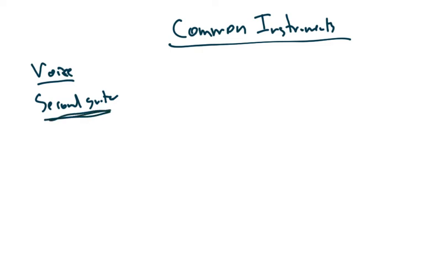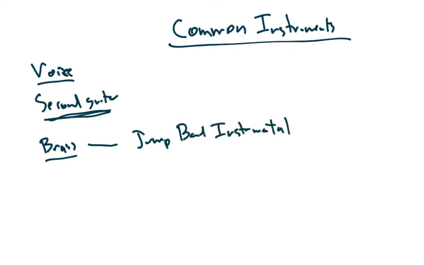One particular thing that I think is just worth staying aware of is the use of brass. And this is something that's quite common and creates what we call jump band instrumentation. So when, in addition to your rhythm section, you have a collection of brass instruments.